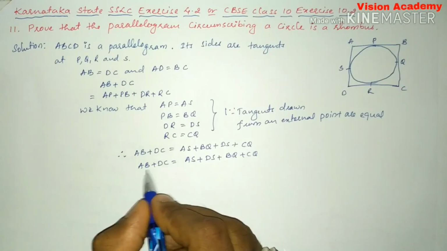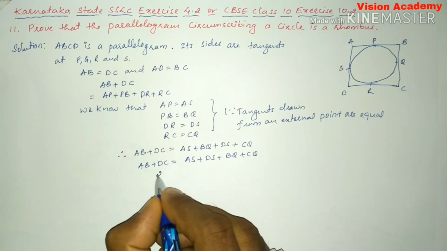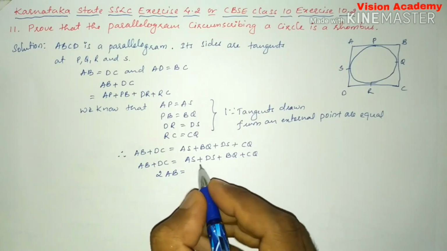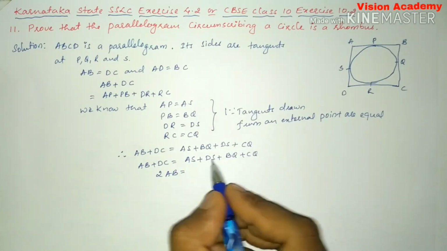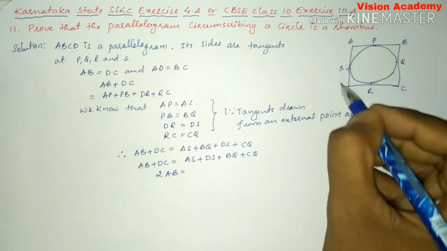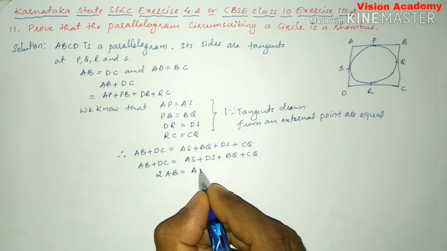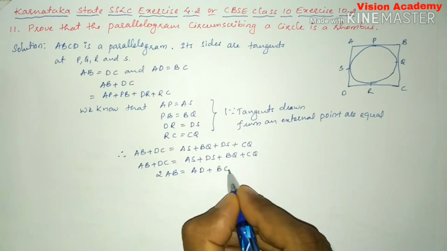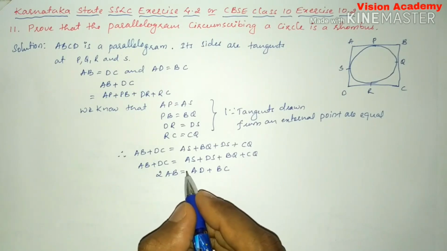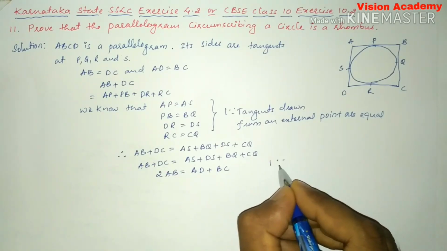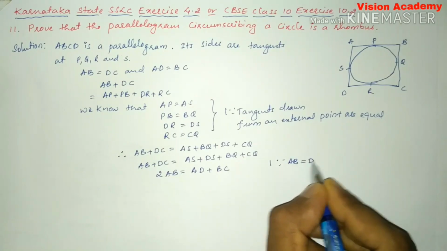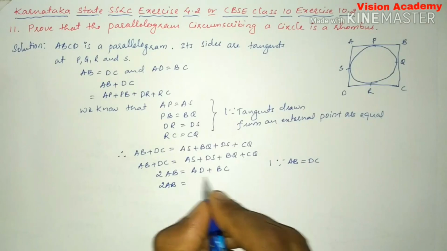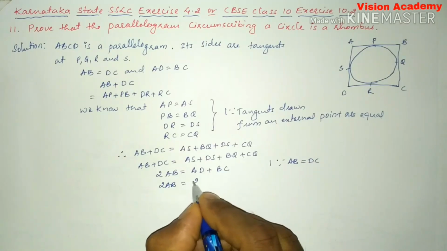Here AB plus DC can be written as 2 times AB is equal to AS plus DS, that is AD, plus BQ plus CQ, that is BC. This is because AB is equal to DC. Now we'll write 2AB is equal to AD plus BC.